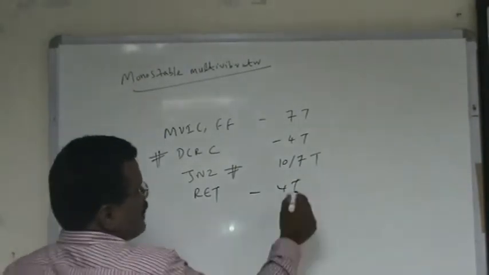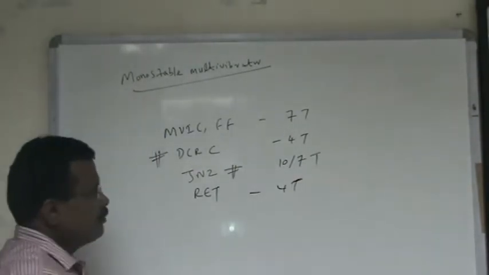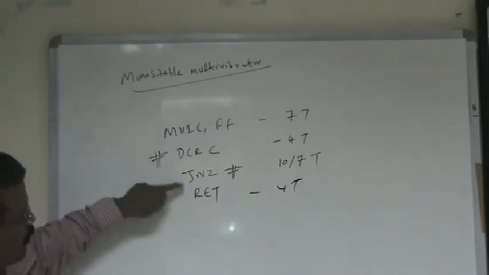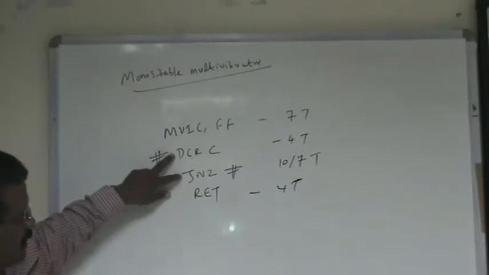Now how to calculate the execution time? If you consider this program, 2 instructions are outside the loop and 2 instructions are inside the loop.